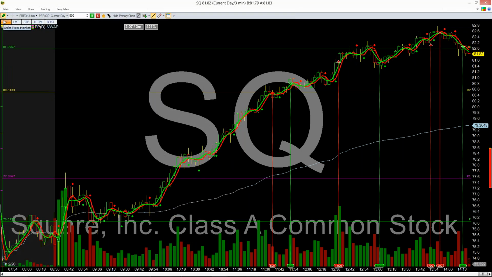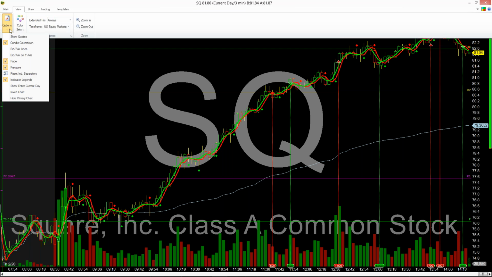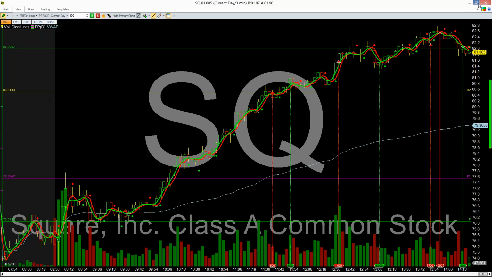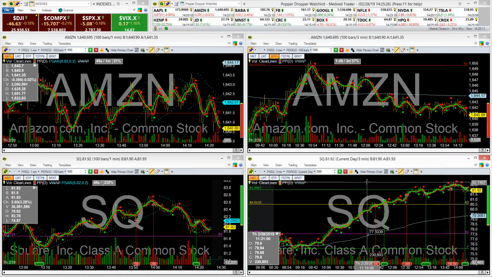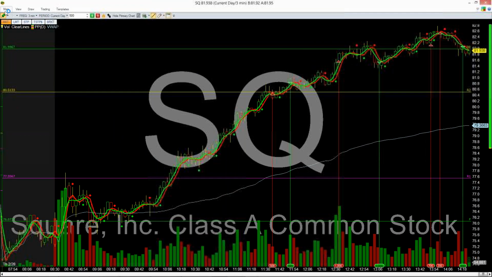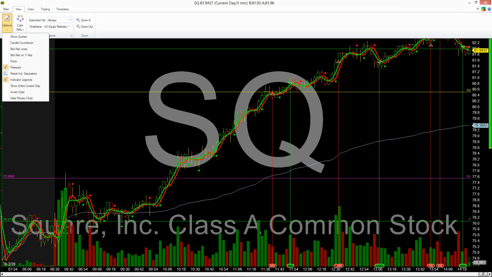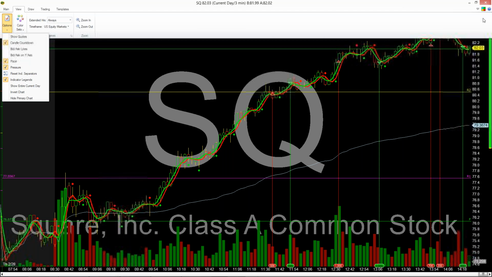If you want to turn it off, just go to main, view, options, turn off candle countdown, turn off pace, and they're gone. See, it's not on this chart anymore. Main, view, options.